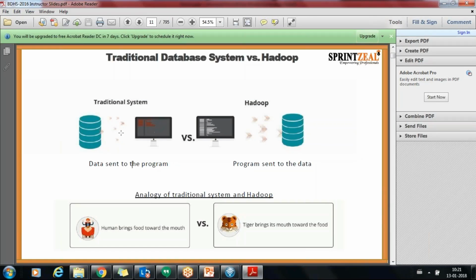In traditional, we are getting the data towards the computation, but in Hadoop, we are moving the computation towards the data. We are doing just the opposite: the computation logic moves towards the data.